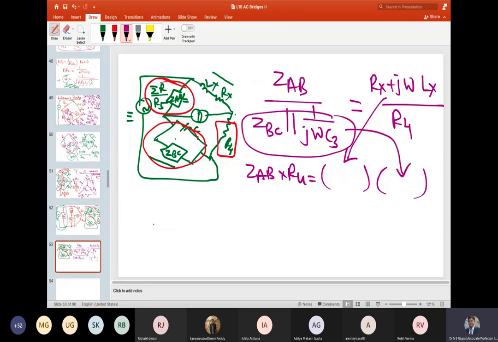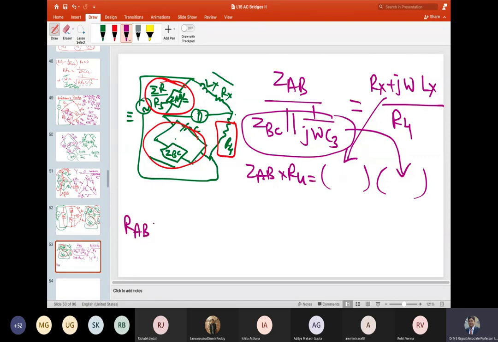So if I solve it properly and compare the real and imaginary component, you will find Rx. It's better if I write the right expression.